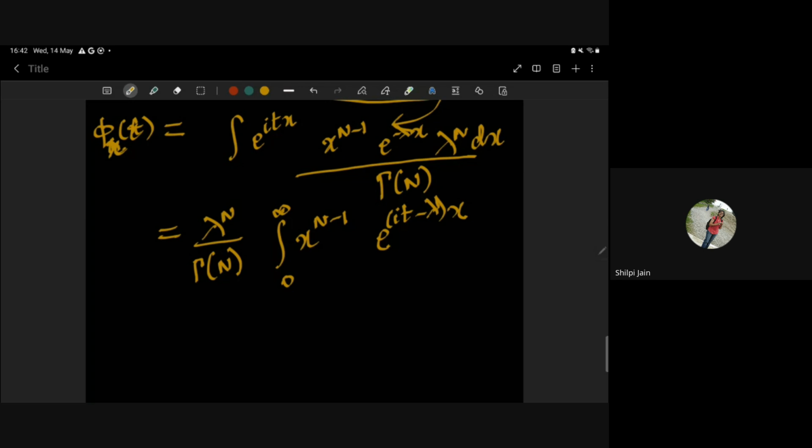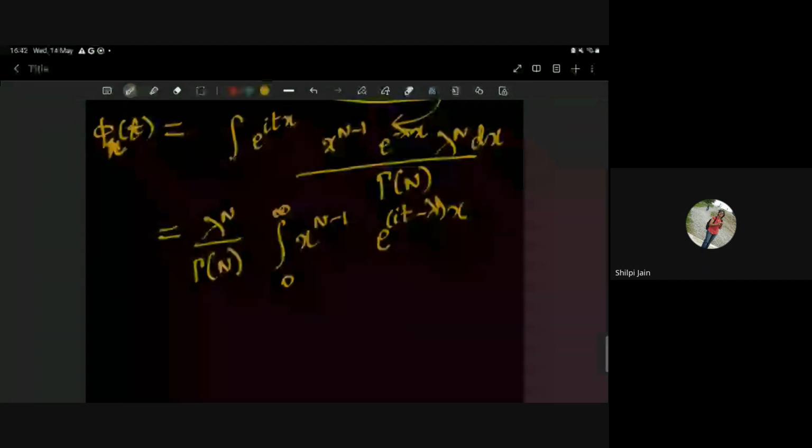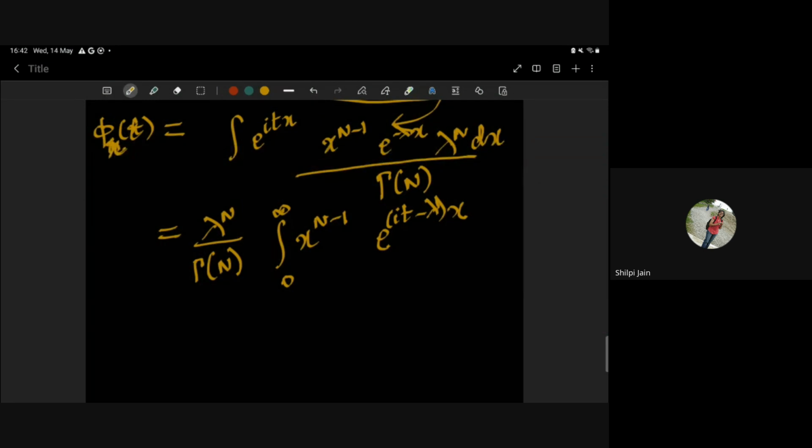Now you can use this property. I hope everyone can see the Google Doc. You can use that property from the Google Doc for the gamma function. I'll write it down. We are just making use of properties.